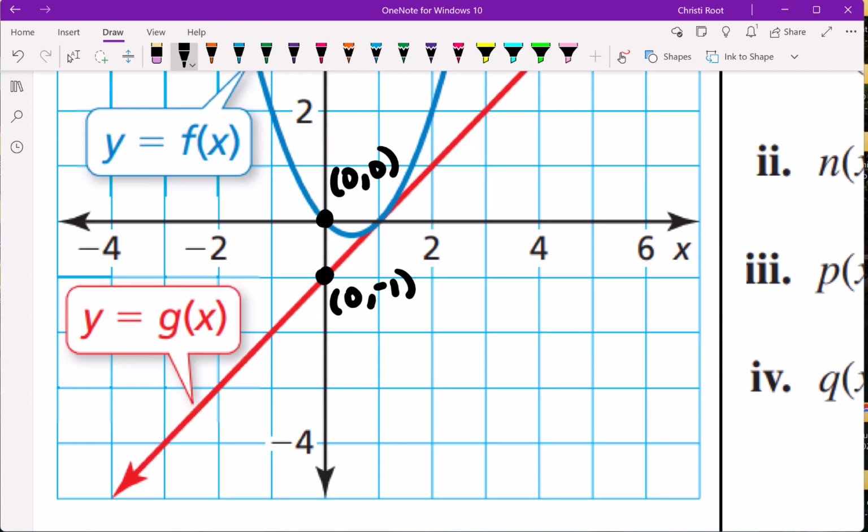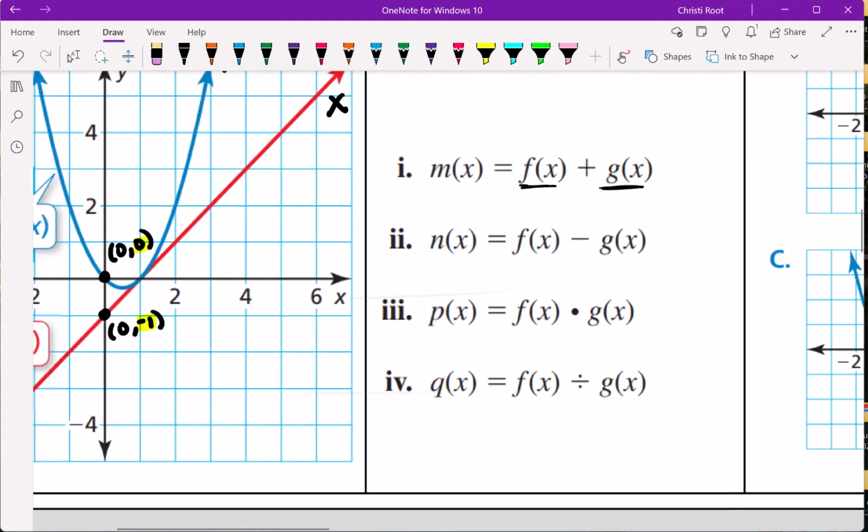See how they both have the same x value? So what we do when we add functions or add graphs, we add the y coordinates together because the x value is going to be the same, okay? So 0 plus negative 1 gives you negative 1. So when you add these two together, the new point is going to be 0, negative 1.